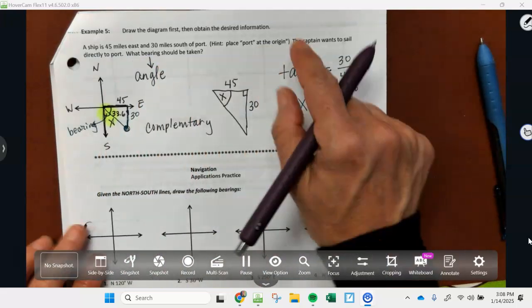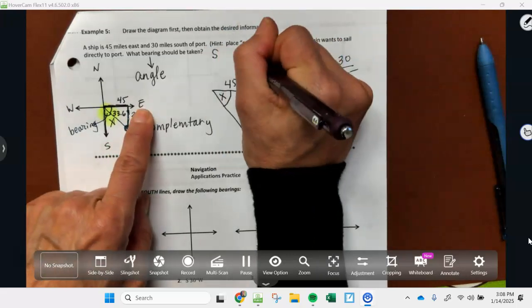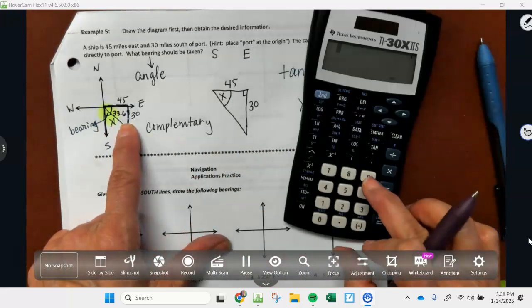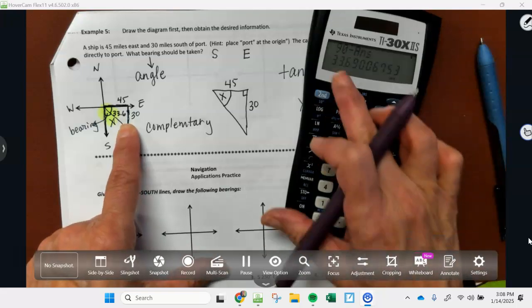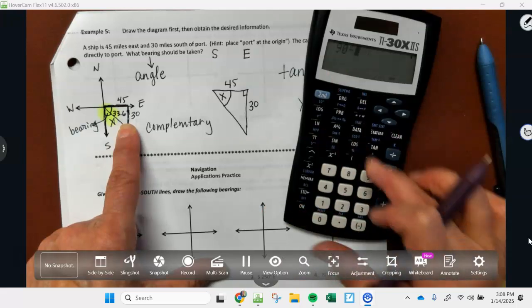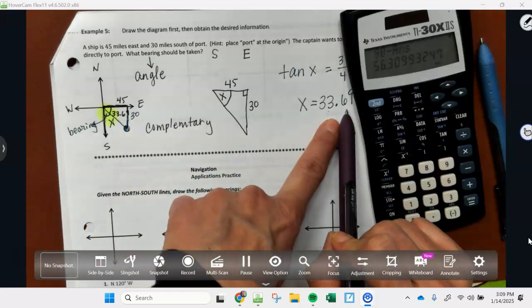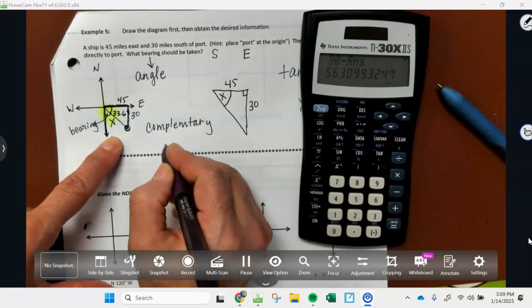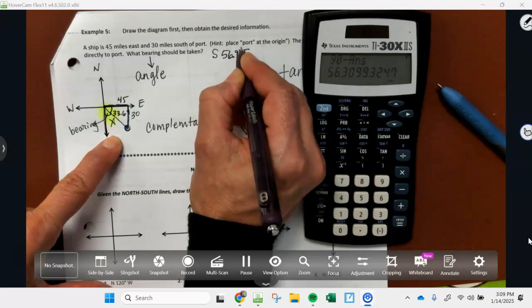So the bearing this captain should take, we're starting on the south, we're going towards the east. All we're going to do is do 90 minus that 33.69, that is going to be the angle of 56.31 that the captain is going to take back home. So south 56.31 degrees east.